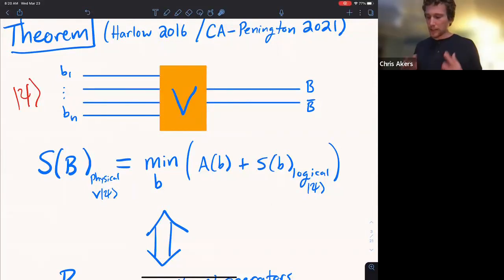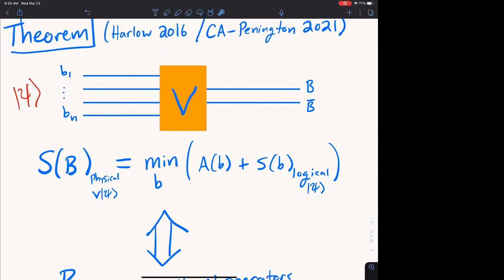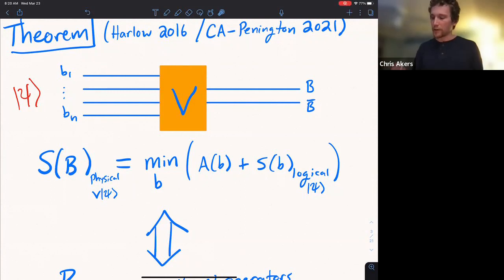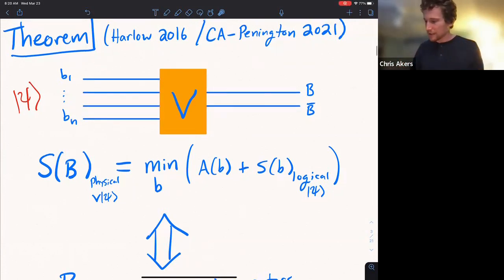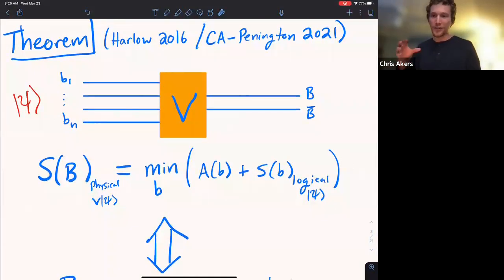That's exactly right. In these codes, you are allowed to have some special tensor product structure given to you, and that special tensor product structure has the interpretation of the spatial tensor product structure in AdS. And the point is, you're minimizing over the surface, which is defined by the region of the bulk it includes.